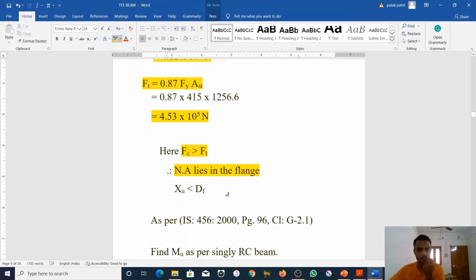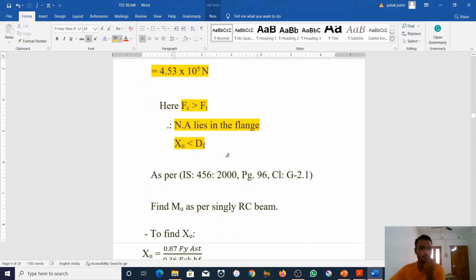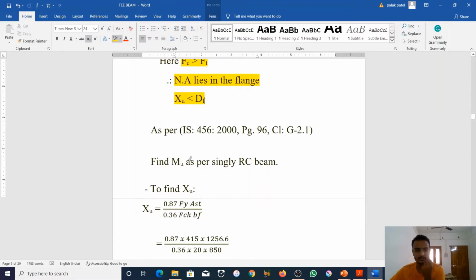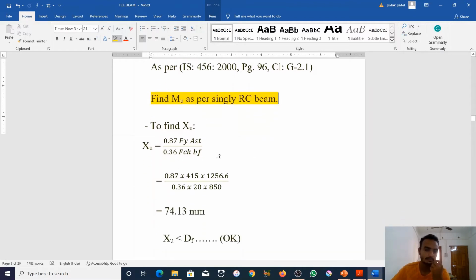So when the neutral axis lies in the flange, we have XU less than DF. XU means depth of neutral axis and DF means overall depth of flange. When this condition is fulfilled, we have to find Mu as per singly reinforced beam.